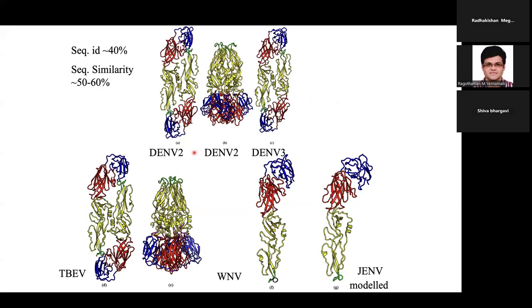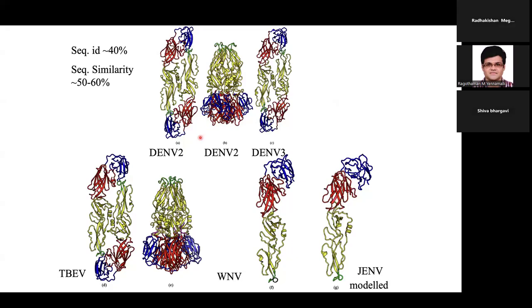Now, as I said, there are 4 serotypes of dengue virus, serotype 1, 2, 3, 4. At this point of time, when we did the study, we had serotype 2 and serotype 3 structures available. And the sequence identity between the serotypes for this envelope protein is about 40%.